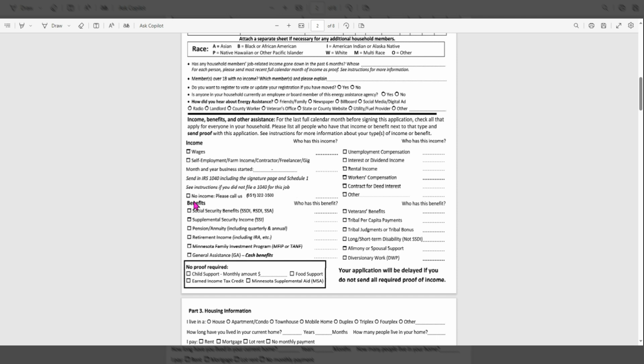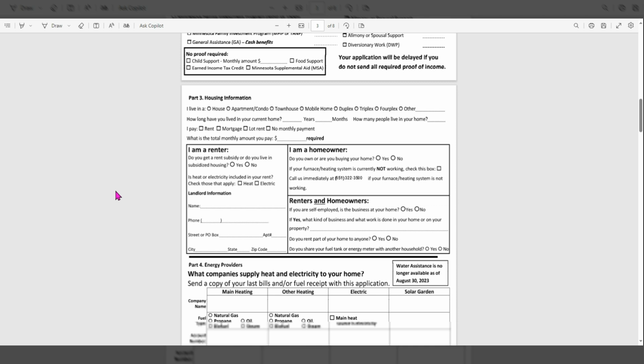Let's say no one in your household has any income at all, and that is perfectly fine. We know not everyone in our county, in our households have income, and as I said, that is perfectly okay. You're just going to indicate to us that you don't have income by checking this box.